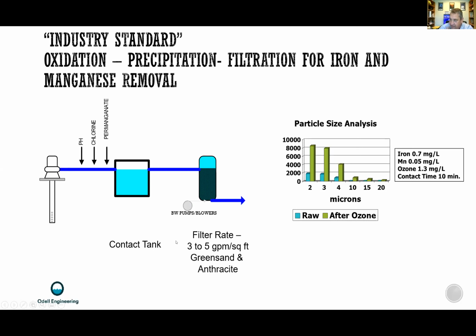The reason the filter loading rates are so low, 3 to 5 gallons a minute, is that the particles are very small when you oxidize them. 2 to 3 microns tend to be a predominant size for iron and manganese, and keeping a low filter loading rate or a fairly deep bed is important.